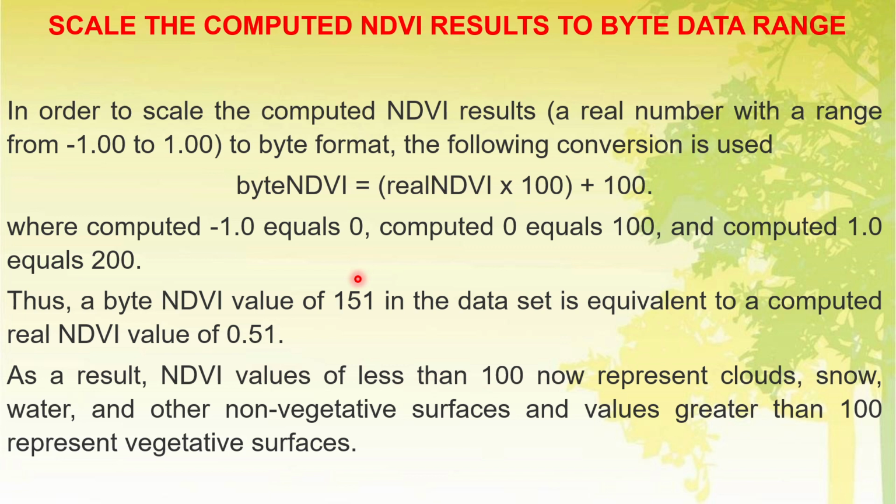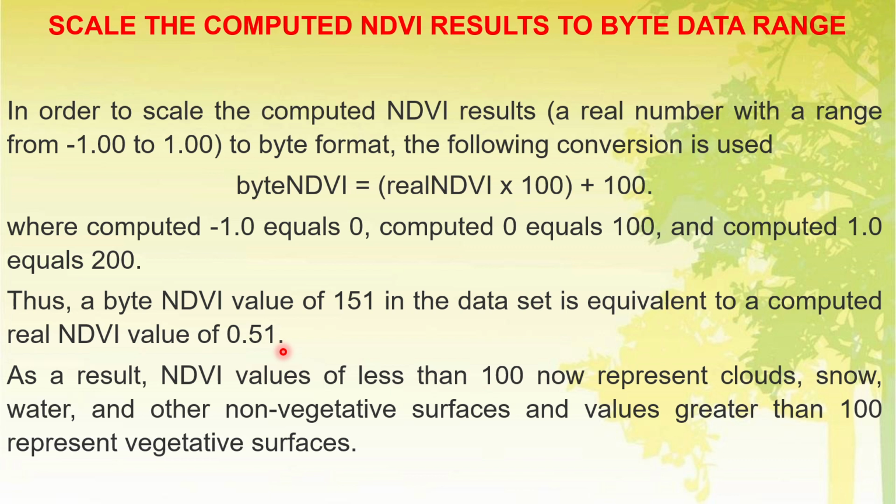So if the real NDVI value is 0.51, then the scaled value will be 151. This will be helpful because the range of values minus 1 to plus 1 becomes large, 0 to 200 value.